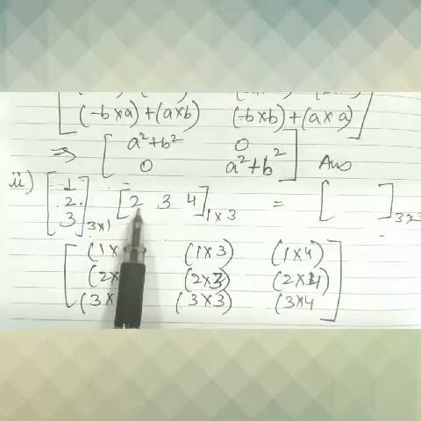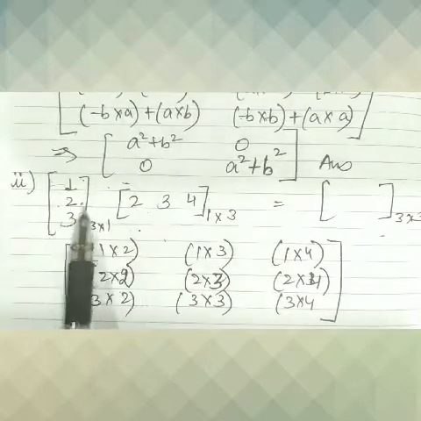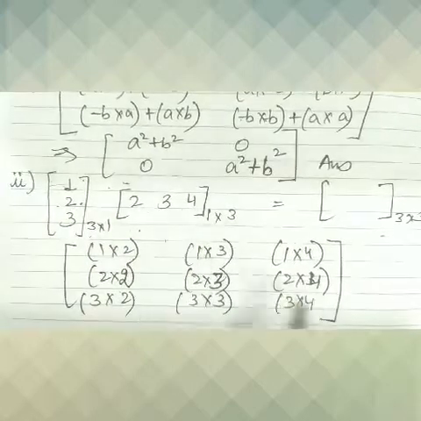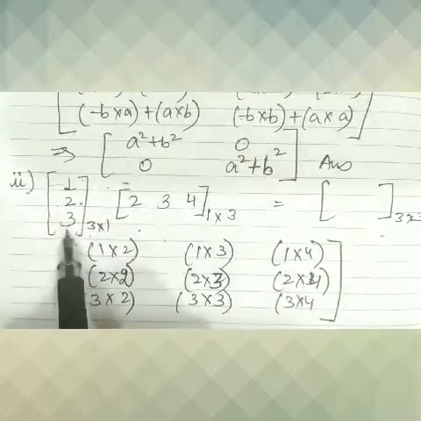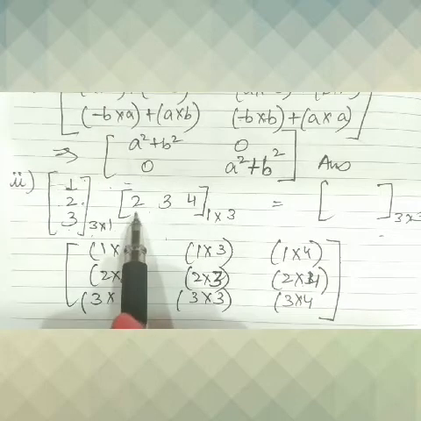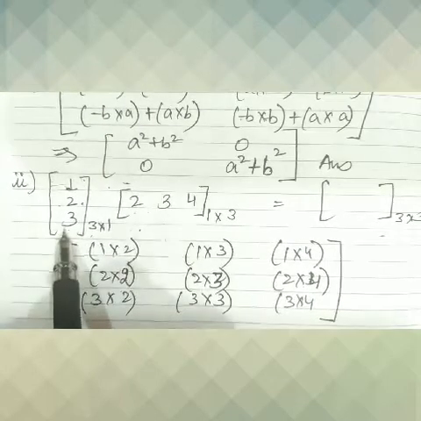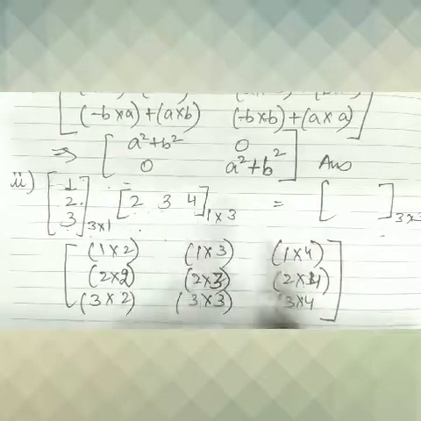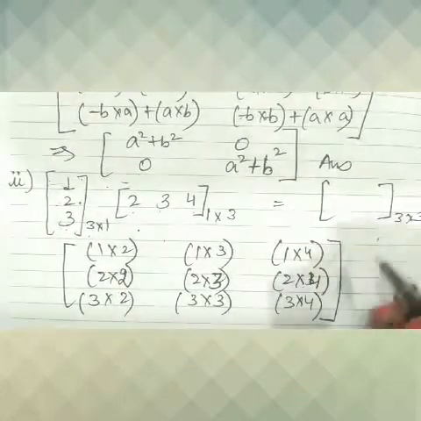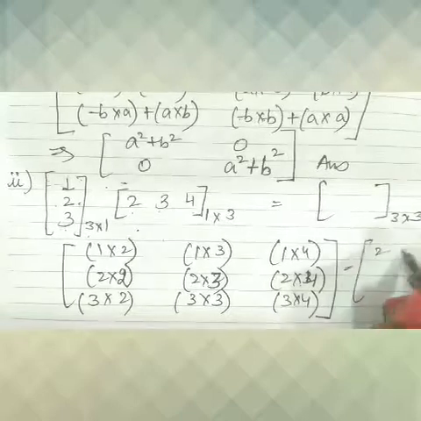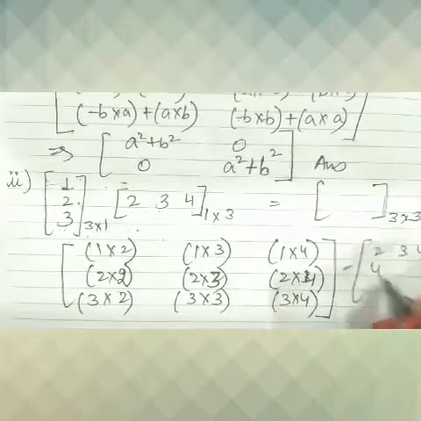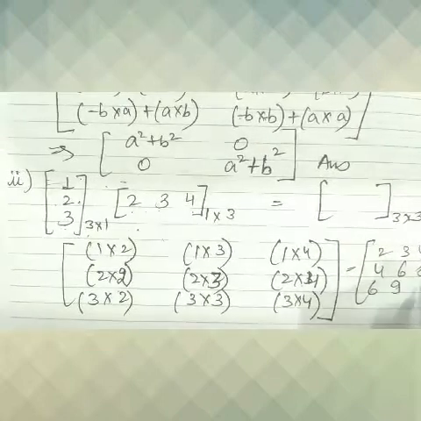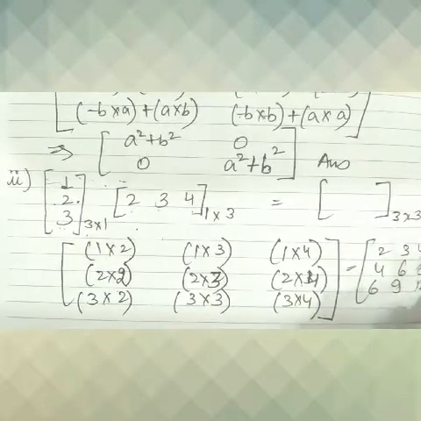Next is second row, first column, second row, second column, second row, third column. Next will be third row, first column, third row, second column, third row, third column. This will be our elements. Result will be 2, 3, 4, 4, 6, 8, 6, 9, 12.